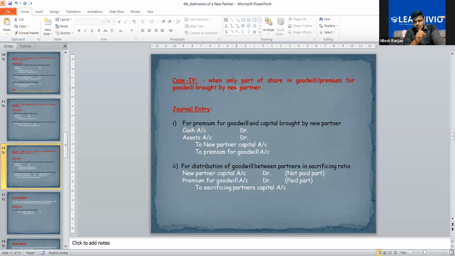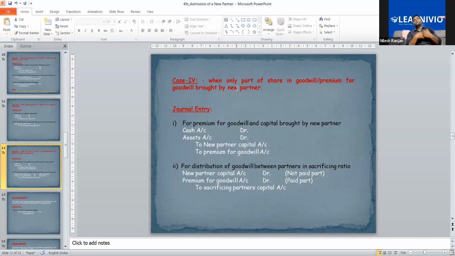I'm ignoring that, so I'm talking about only these three. The third case is when only part of the share in goodwill is brought. Let's say the goodwill share is 10,000 and the new partner is bringing only 6,000. So the treatment is the same. The remaining 4,000 will be deducted from the new partner's capital.